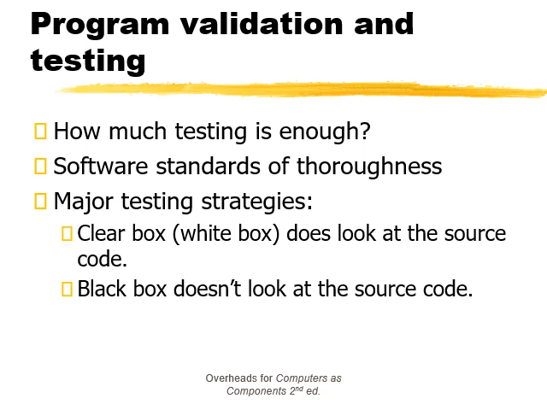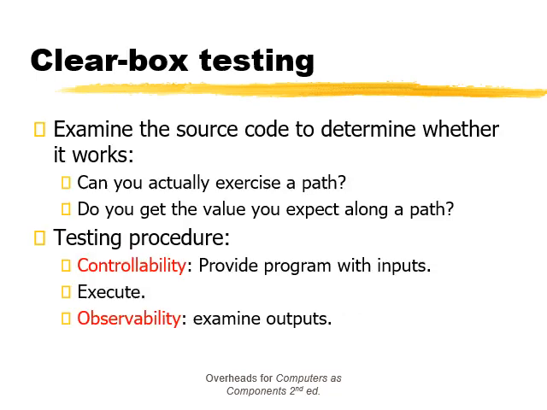So let's get started and see how we can test a program and validate it. As I told you in the previous slide, clear box or white box testing means that we examine the source code to determine whether it works. Can you actually exercise a path? Do you get the value you expect along a path? If we follow a certain path, we should get a certain value, so we need to verify that.